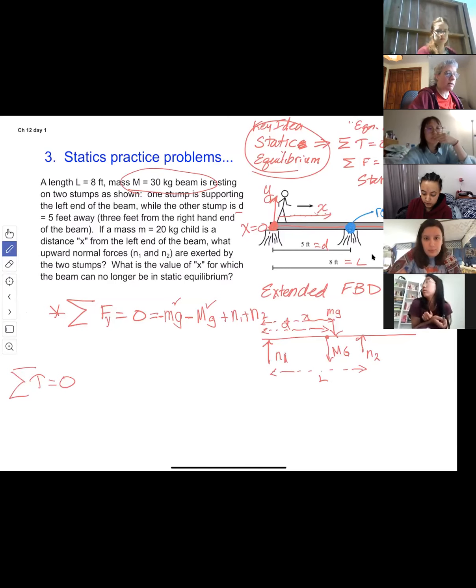Okay, so what's one of the terms you have for torque there? So for the child, we said it would be the gravity, like the mg times d minus x. Mg times d minus x. Okay.